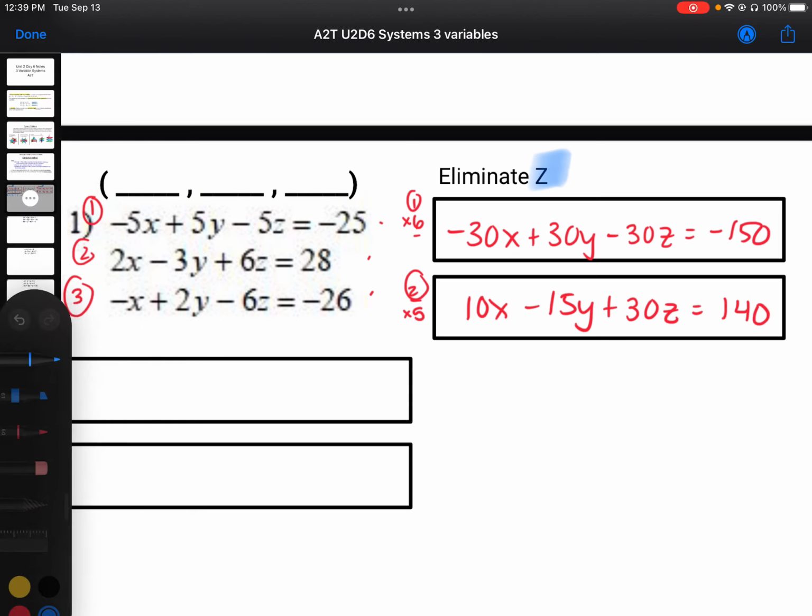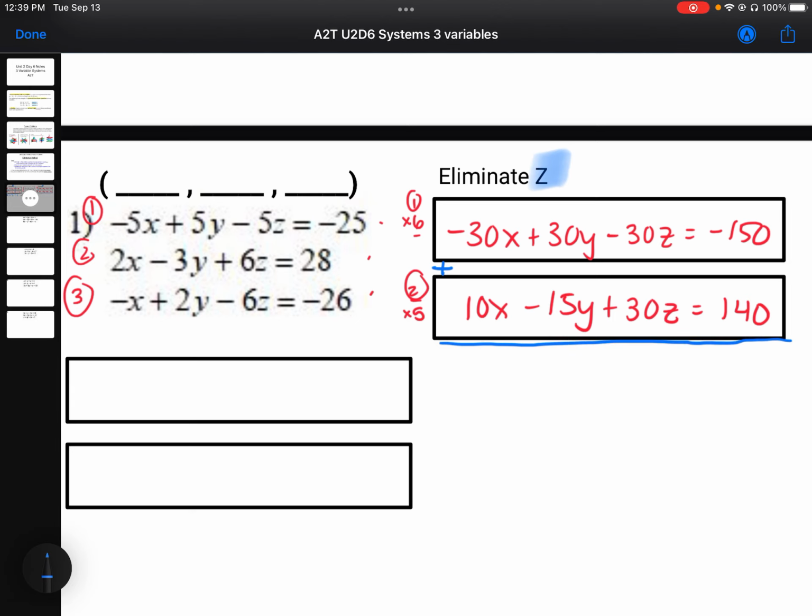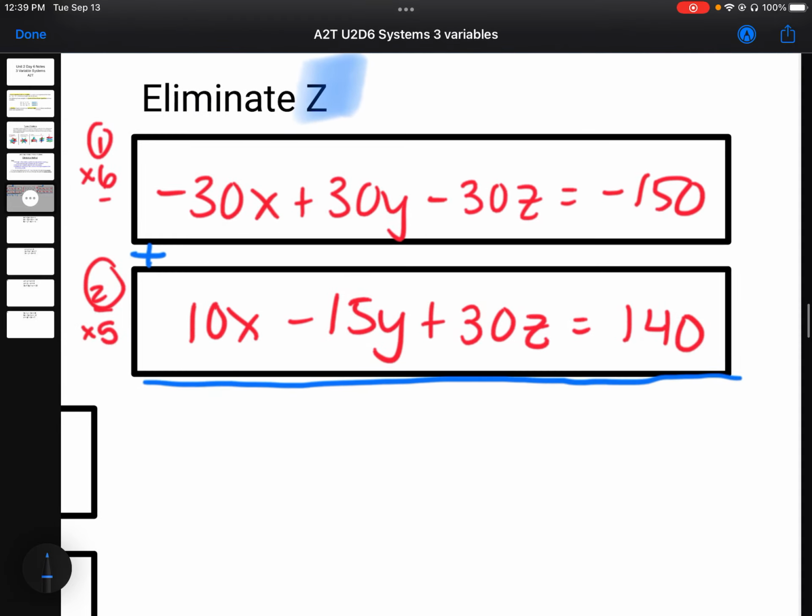Now I'm going to go ahead and add these, just like we would do if it was just an x and a y. When I add them, negative 30 plus 10 is negative 20x. 30 plus negative 15 is positive 15y.